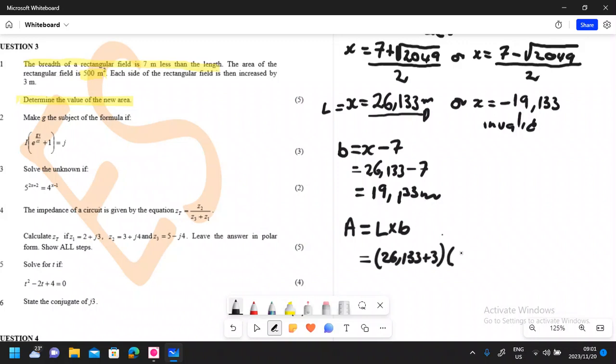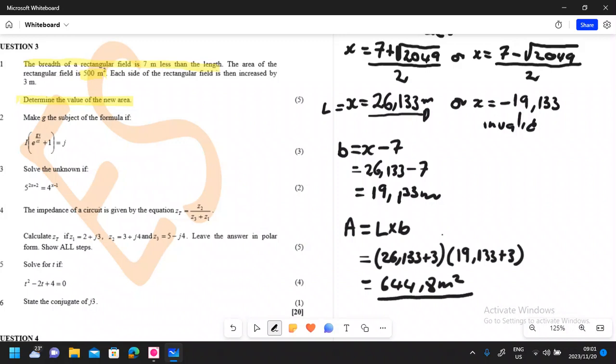So the breadth is gonna be 19.133. But remember, they said each side, meaning both of them, we want to add 3. Then you just put this on your calculator and let's see if you can get the right answer. So the right answer here, if you put this on a calculator, is going to give you 644.8 meters squared. So this is the new area when we add 3 meters to both sides.